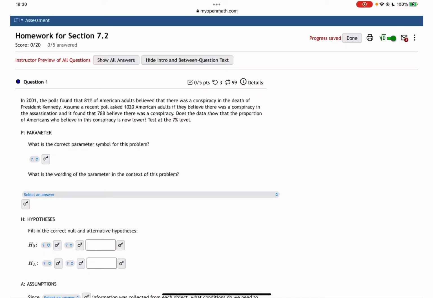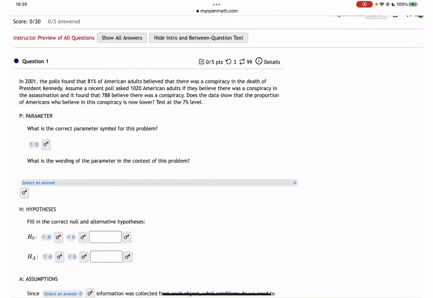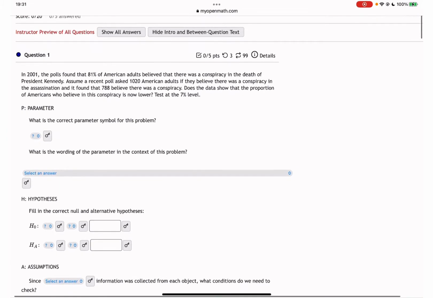Homework for section 7.2. Question number 1. In 2001, the polls found that 81% of American adults believed that there was a conspiracy in the death of President Kennedy. Assume a recent poll asked 1,020 American adults if they believe there was a conspiracy in the assassination, and it found that 788 believed there was a conspiracy.